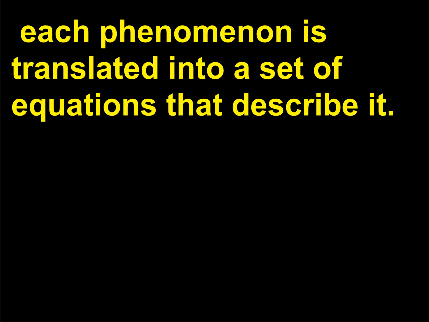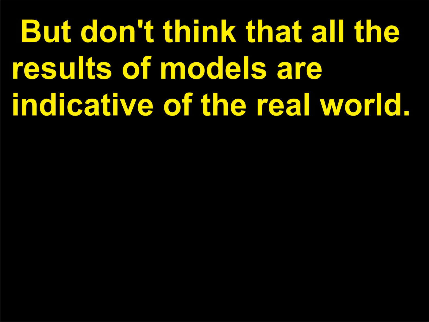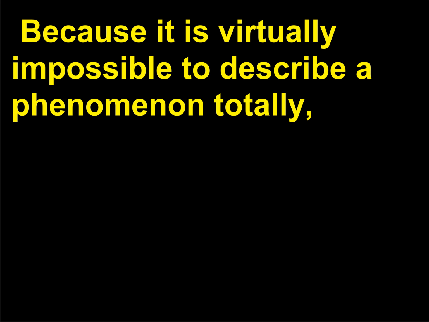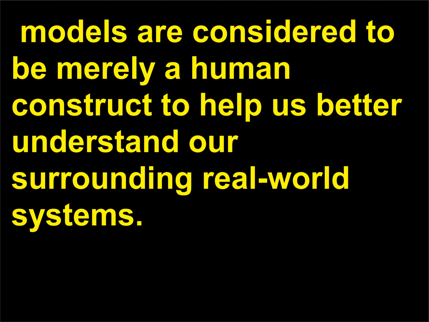Each phenomenon is translated into a set of equations that describe it. But don't think that all the results of models are indicative of the real world, because it is virtually impossible to describe a phenomenon totally. Models are considered to be merely a human construct to help us better understand our surrounding real-world systems.